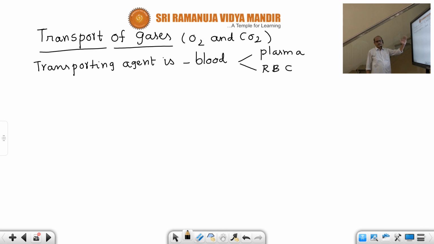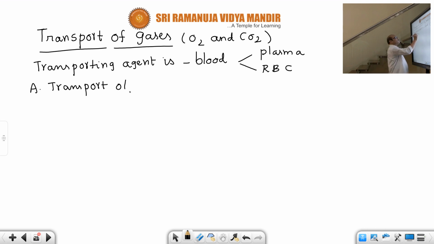This is the introductory sentence. Now let us start this transport of O2 and CO2. First let us take the heading transport of O2. Already we have mentioned that through two areas in the blood these are transported, through plasma in a dissolved condition and through RBC.